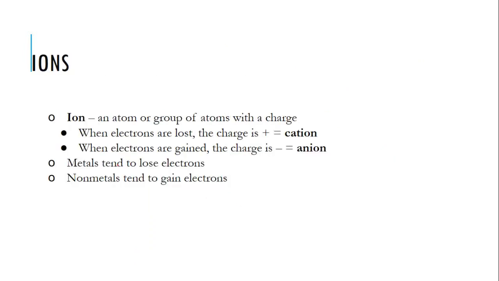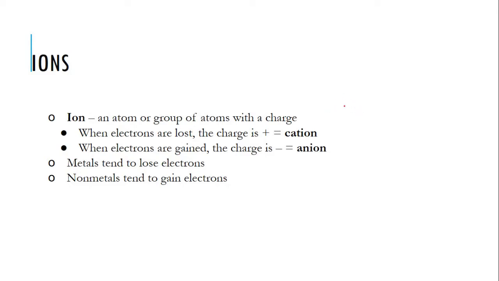Here's the definition of an ion. I told you that it's an atom with a charge. It could also be a group of atoms with a charge. If you have a positively charged atom, then you have a cation. And if you have a negatively charged atom, then you have an anion. You did this when you did the PhET simulation and played around with the number of electrons.